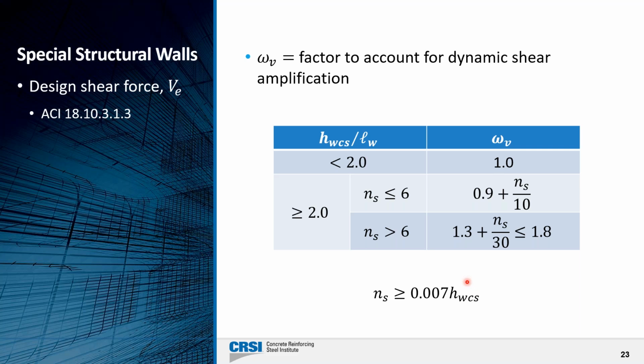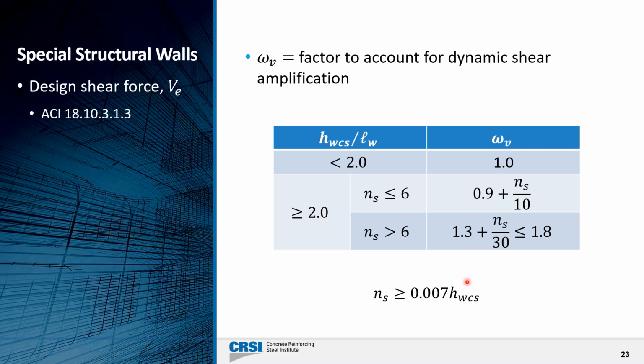Now, lowercase omega sub V is the factor that accounts for dynamic shear amplification, the higher modes of vibration. These equations, again, depend on the height to length ratio of the wall. N sub S is the number of stories that are in your particular structure. Now, you can see again, when the height to length ratio is less than 2, we don't need to consider this.